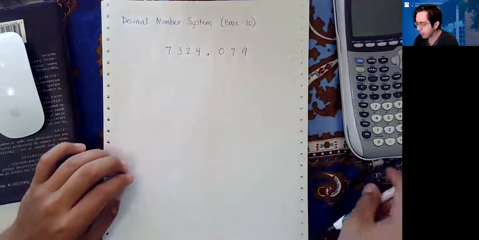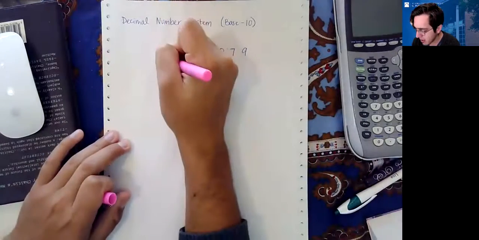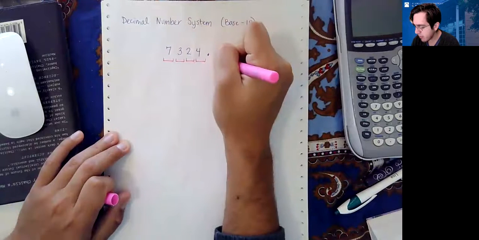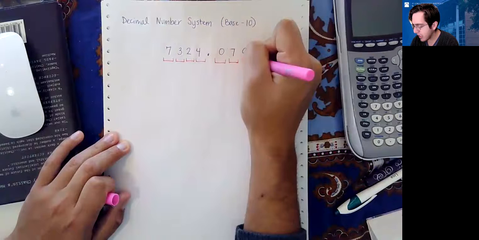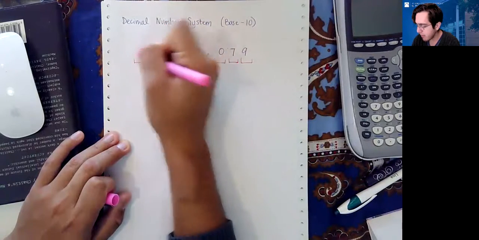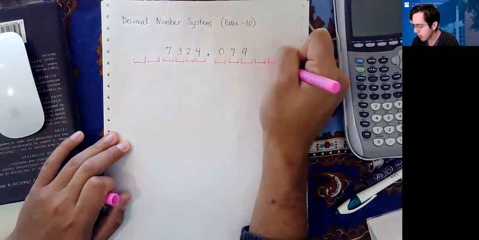Okay, but we have place values, right? You can think of them as little slots where these digits go. And they each have names, and there's more slots still to the left and the right, if we have a bigger or a smaller number.